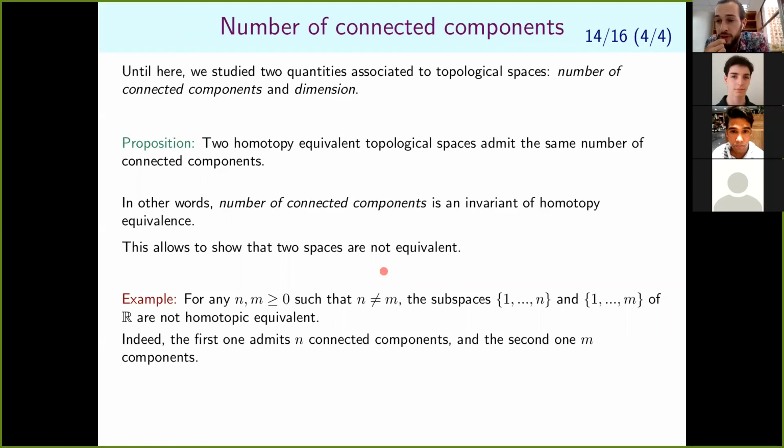Number of connected components is not an invariant that totally describes the topological spaces up to homotopy equivalence. For instance, take a point and the circle. We've seen that they are not homotopy equivalent, though they have the same number of connected components. Thank you.